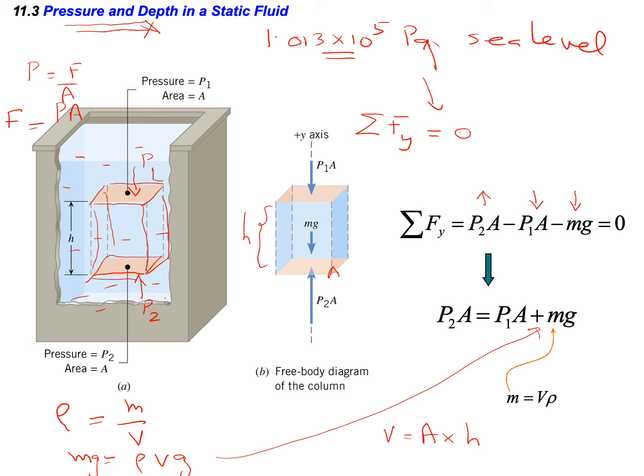So we can replace V with A and h. Rewriting the equation P2A equals P1A plus mg, we replace it with A times h times rho, because V equals A times h, and then the density times gravity.